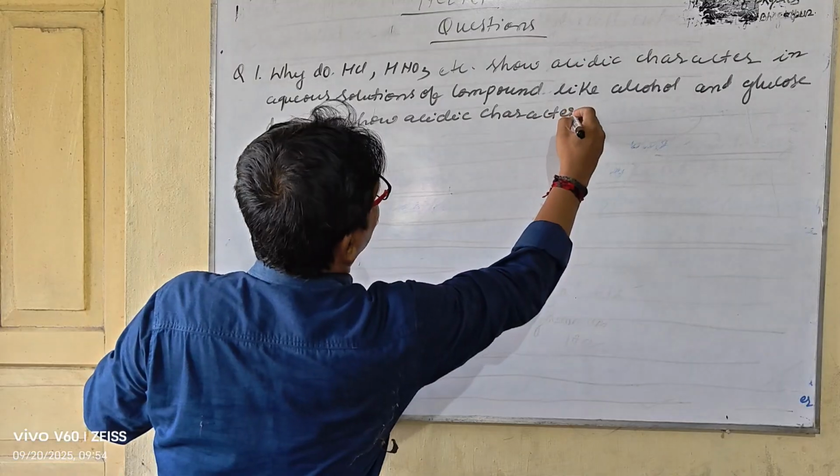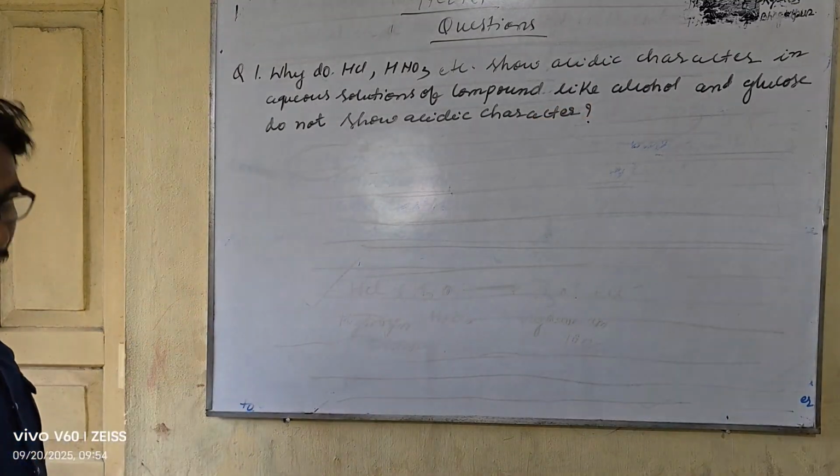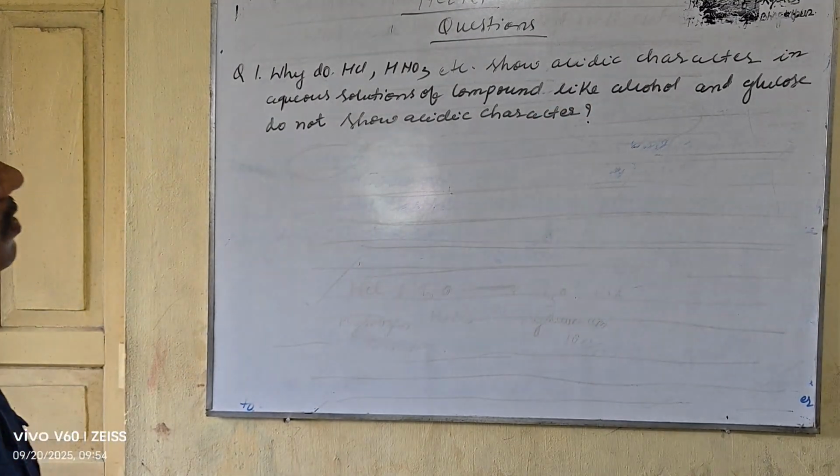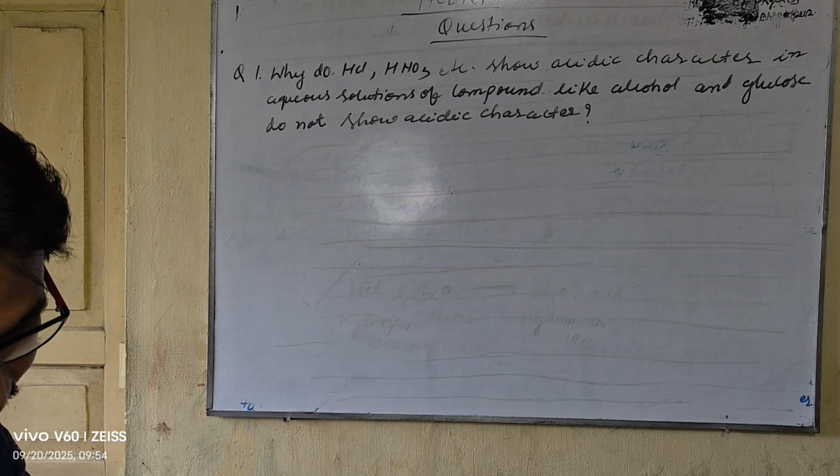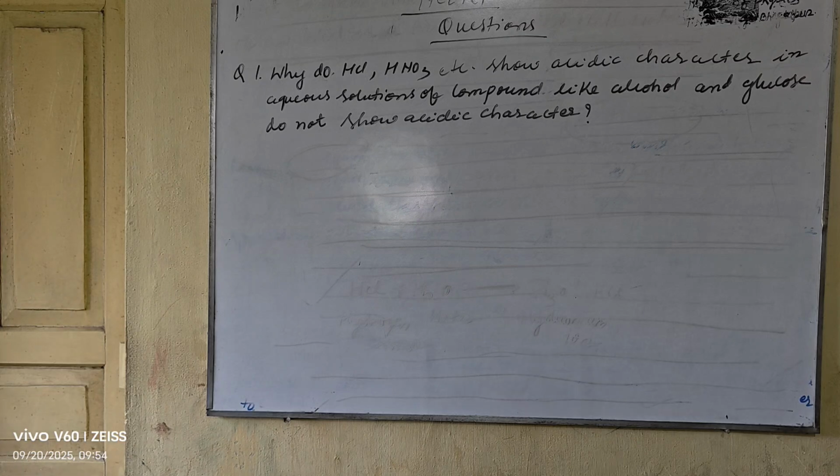What is the reason for that? The question is asking why do HCl, HNO3, etc. show acidic character in aqueous solution, while solutions of compounds like alcohol and glucose do not show acidic character.